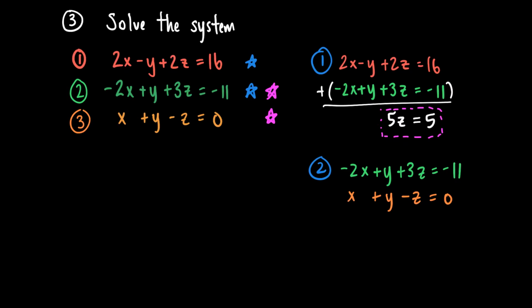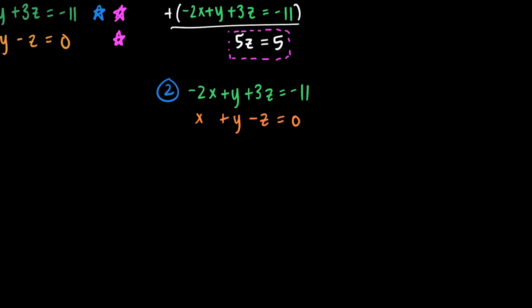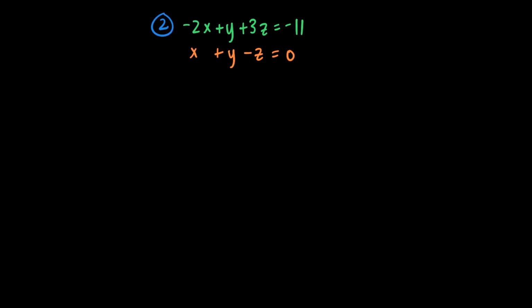And what we're going to do here is get rid of the x's again. So in order to do that, I'm going to multiply the second equation by 2, because that will get me the 2x that I need in order to cancel with the green equation.